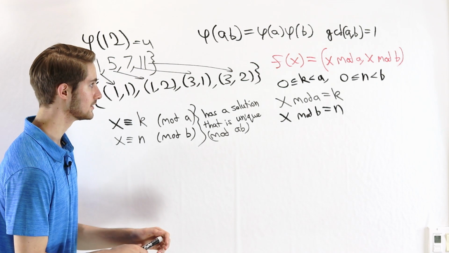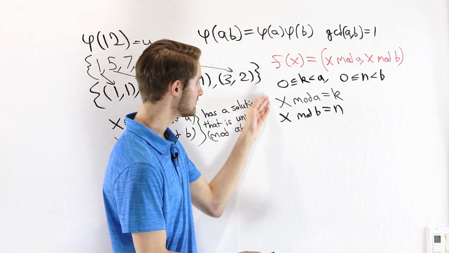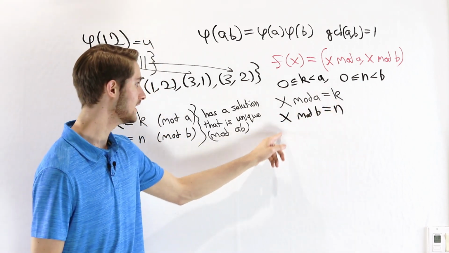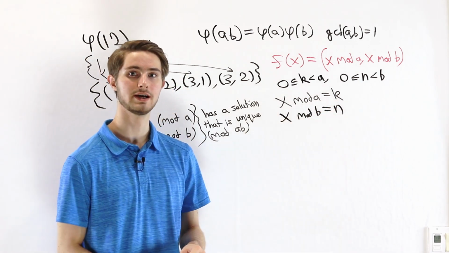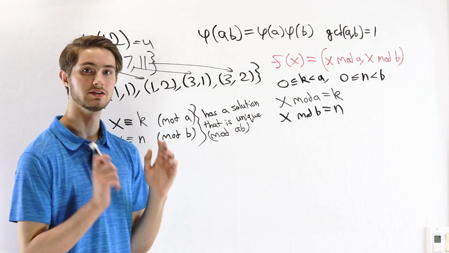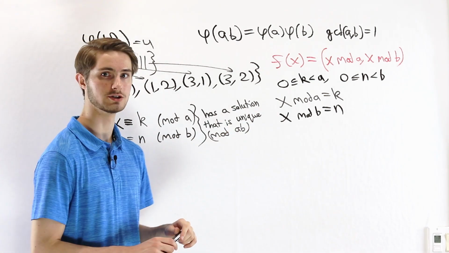So we just showed that when we're looking at a system of two equations, x mod A equals some number k, and x mod B equals some number n, there's always going to be a solution, some number x, that satisfies those two equations.